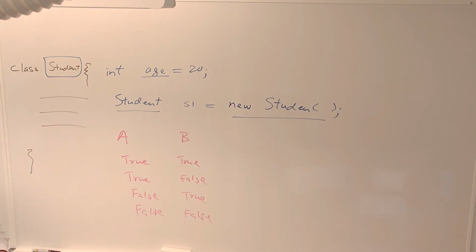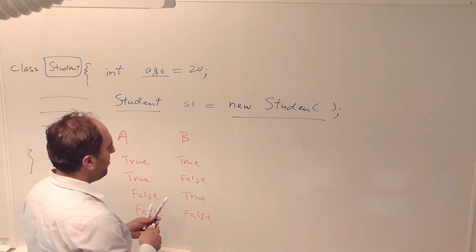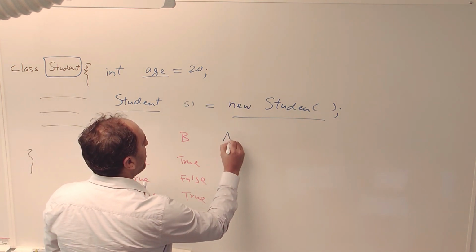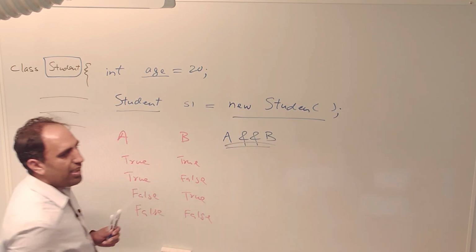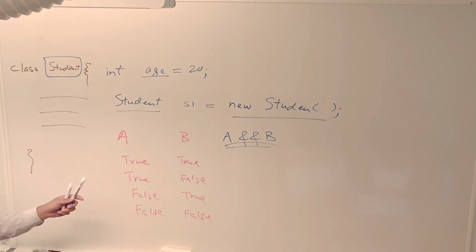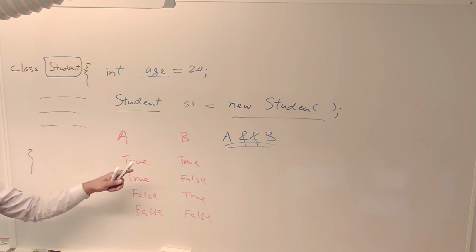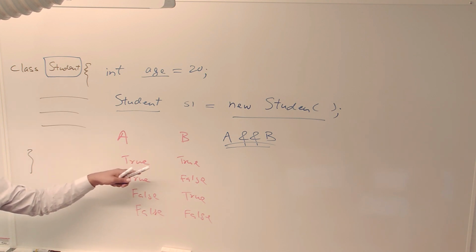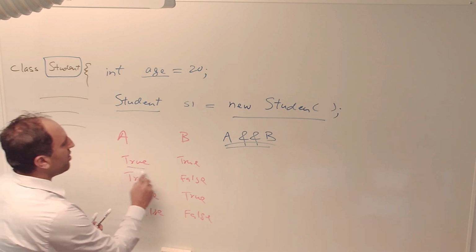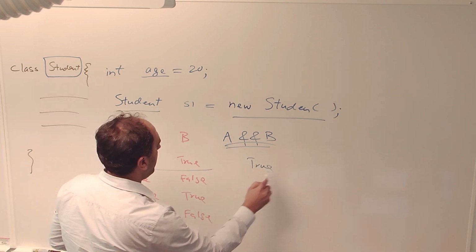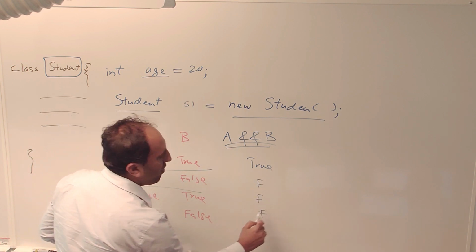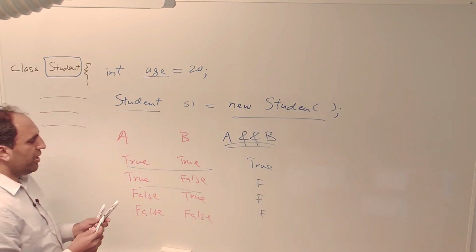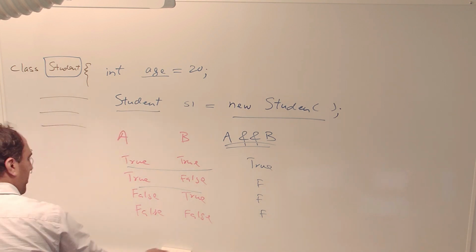And if we have A and B, in this case for the AND, we said that the outcome will be true only when both values are true. So in this case, it will be true. For all other cases, it will be false.